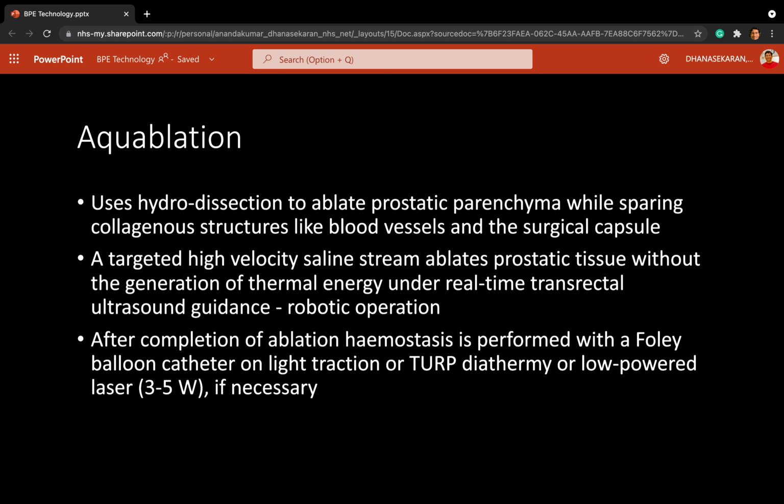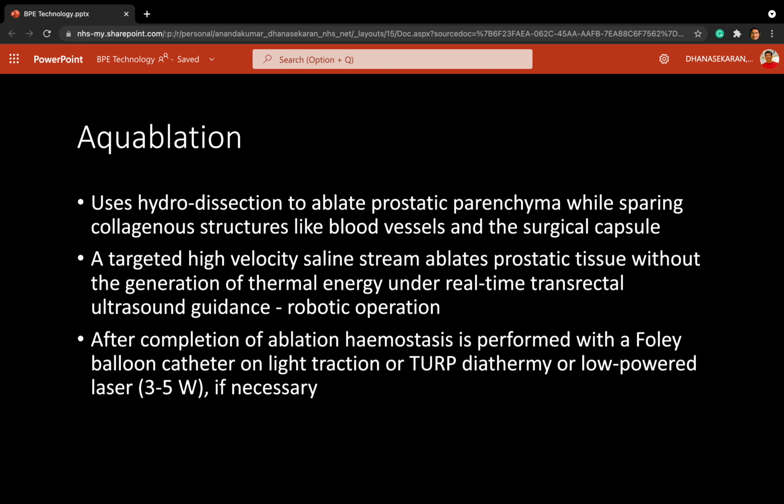Sometimes if there is an obvious bleeder, you may need a TURP diathermy device or a low powered laser to get hemostasis. That's a bit of a disadvantage of aquablation. It needs another energy source for appropriate hemostasis, and it's not completely accepted by NICE yet, and the machine is costly, but it is a suitable machine for larger prostate glands.